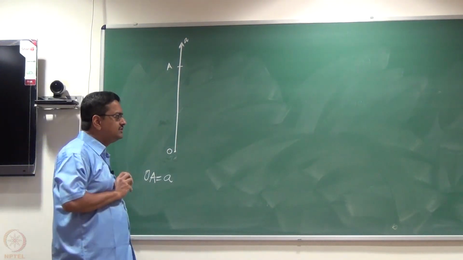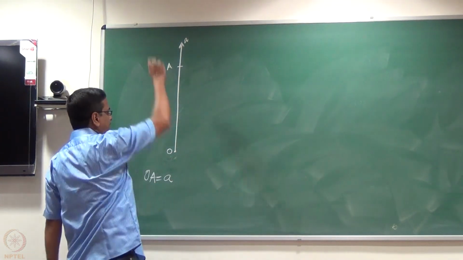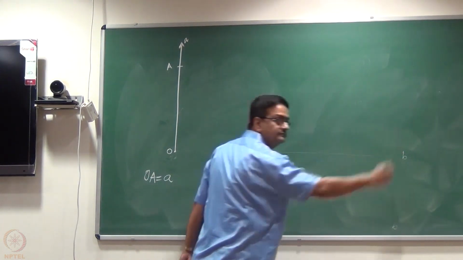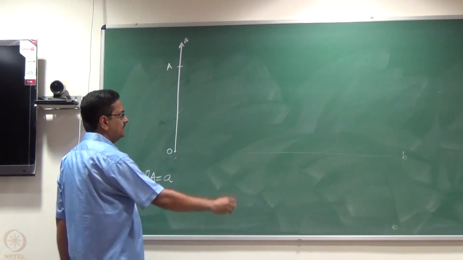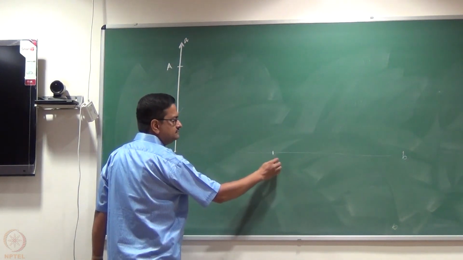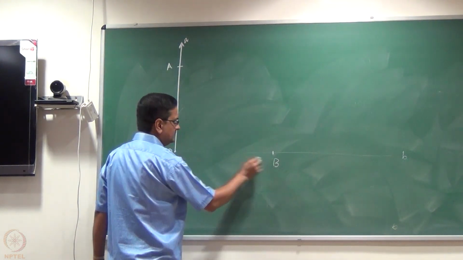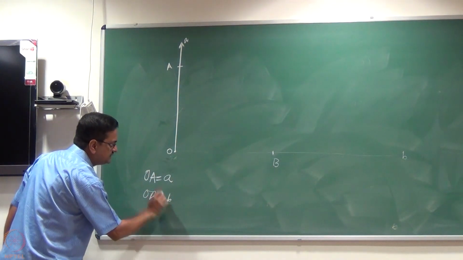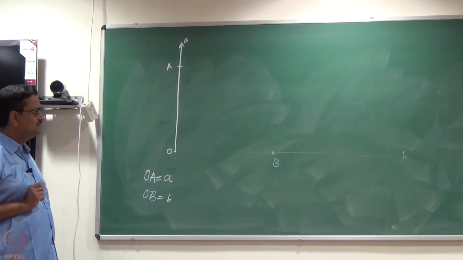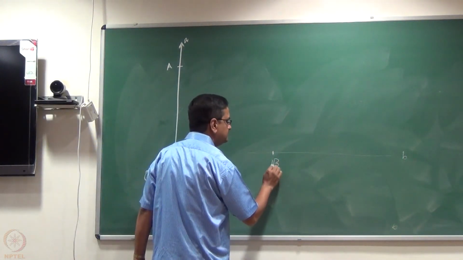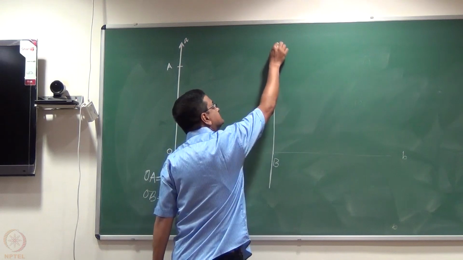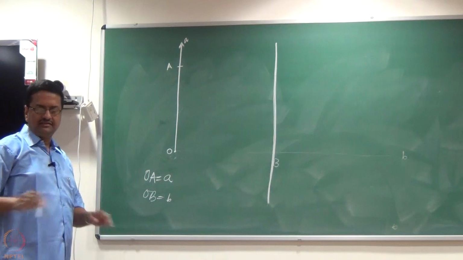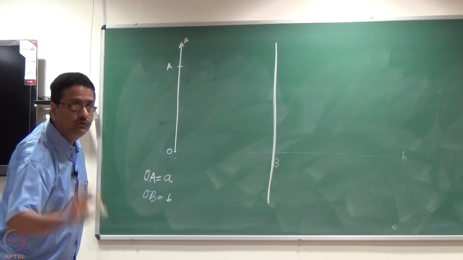How? Let us see with one set of planes. Suppose this is A and this direction is my B direction, and this is where it cuts. So this OB is the edge length B. So the plane which cuts this at that point has a distance d equal to 1 by b.